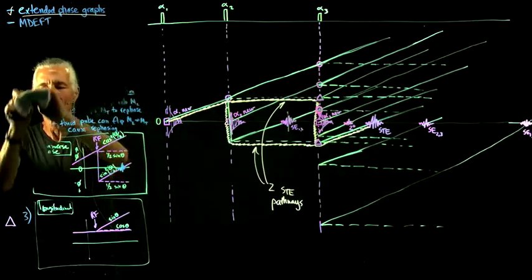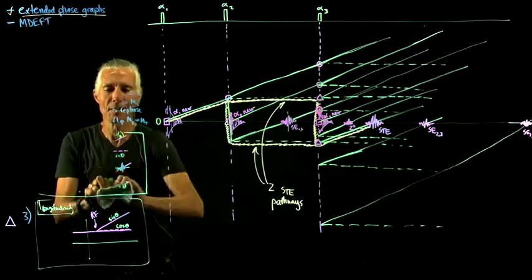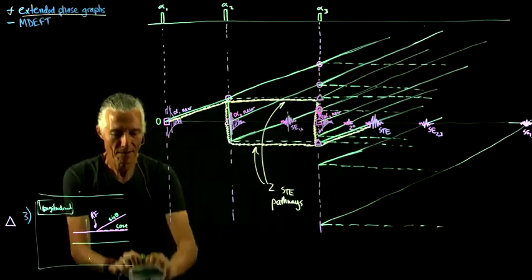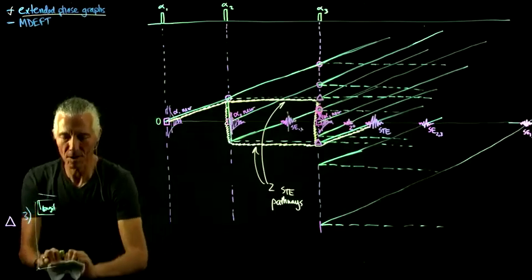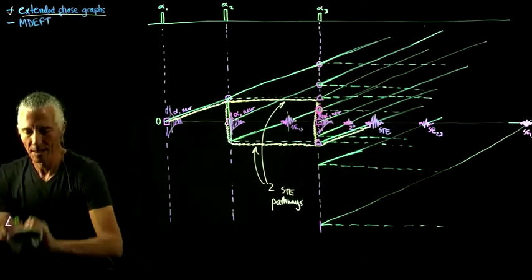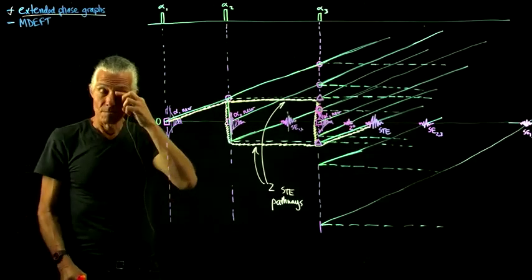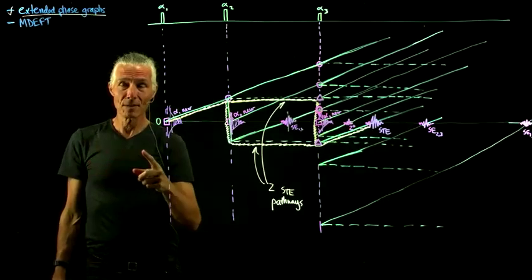Yeah, one very commonly used pulse sequence is called a fast spin echo pulse sequence. This fast spin echo will often have a 90 followed by 150 RF pulses.